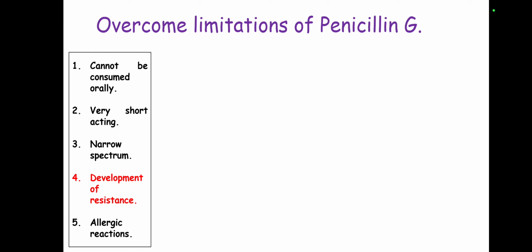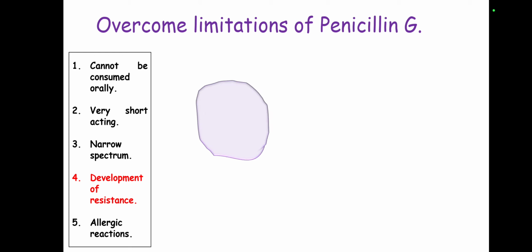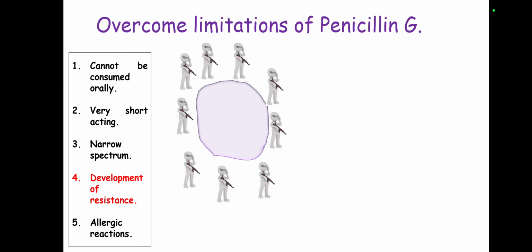Now to understand this concept, suppose this is a bacteria, a gram-positive bacteria. Normally whenever we give penicillin G, it will kill the bacteria. Now we keep on giving penicillin G for many years. These bacteria once had a meeting, and in the meeting they decided that some persons are coming from outside and killing our people, so we will not tolerate this. So what these bacteria did was, they kept security guards.